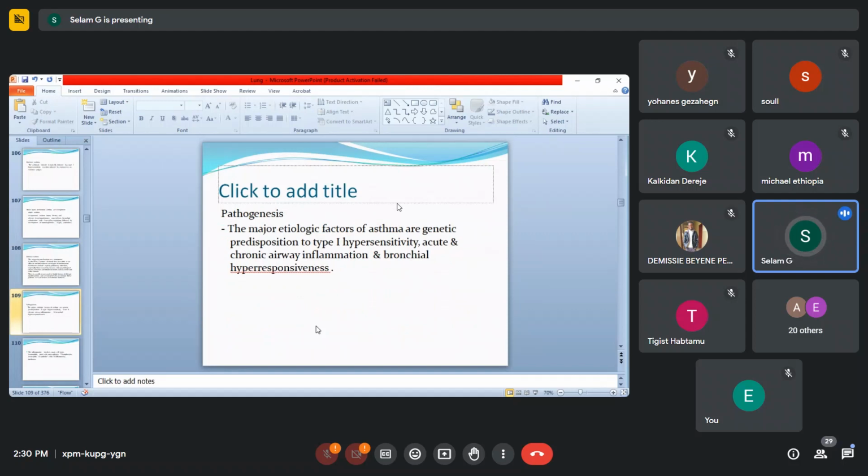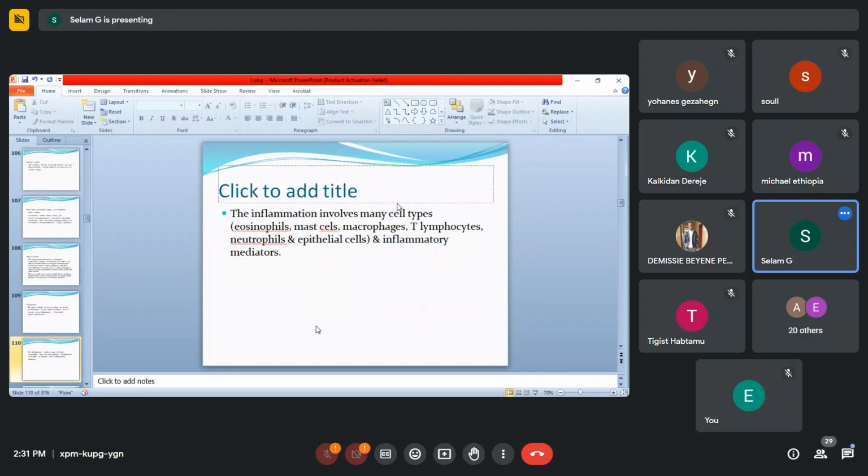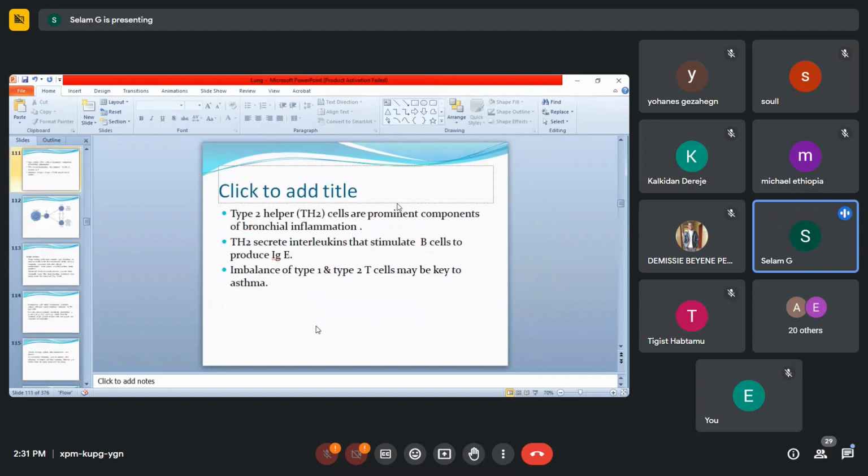The pathogenesis of asthma: the major etiologic factors are genetic predisposition to type 1 hypersensitivity, acute and chronic airway inflammation, and bronchial hyperresponsiveness. So most patients have a family history of asthma. The inflammation involves many cell types, eosinophils, mast cells, macrophages, T cells, neutrophils, and epithelial cells, and inflammatory mediators are said to play an important role in the development of asthma.